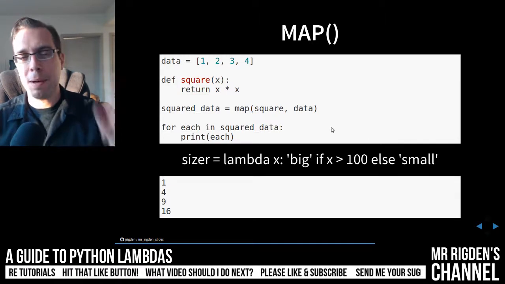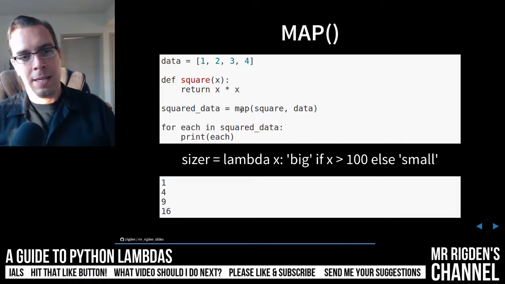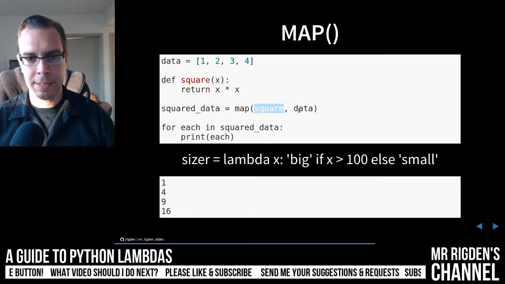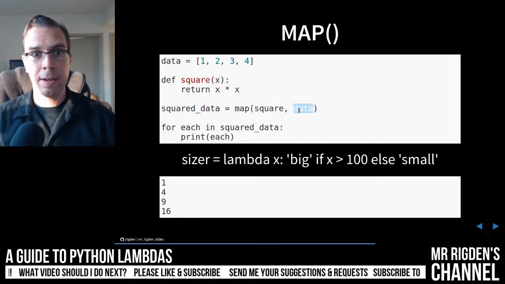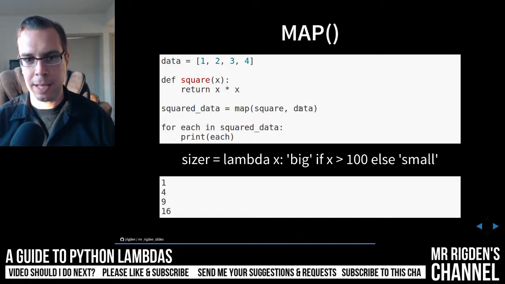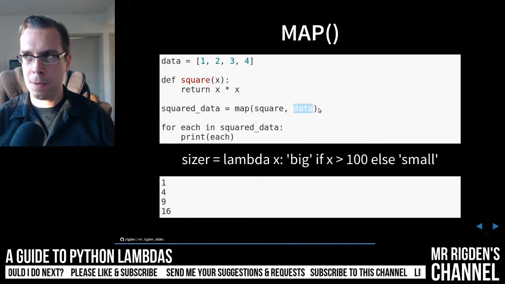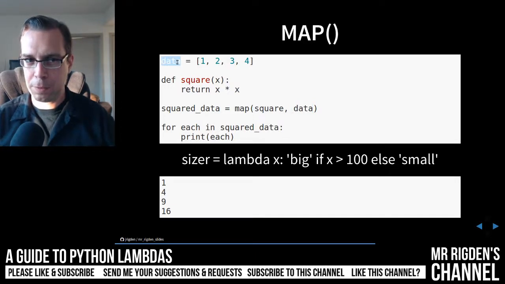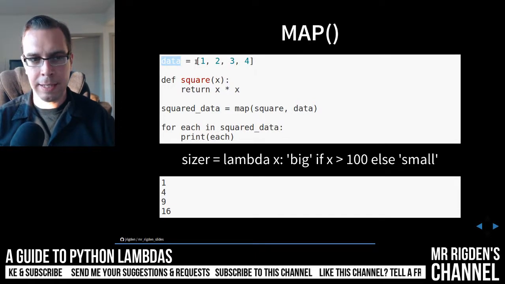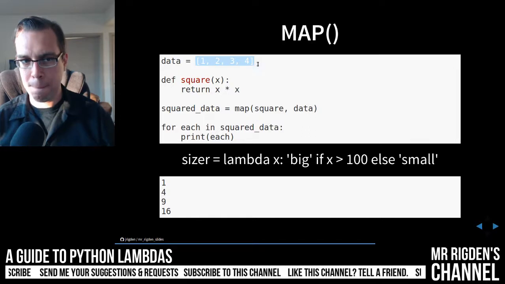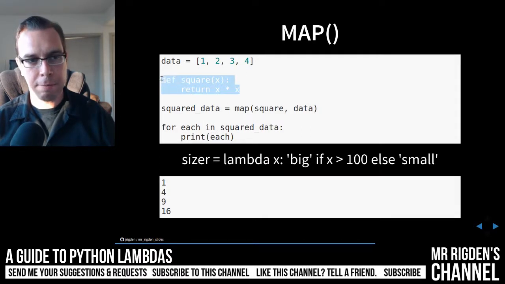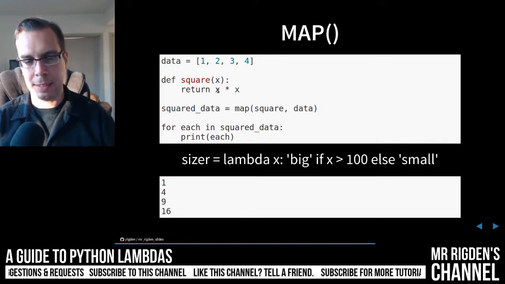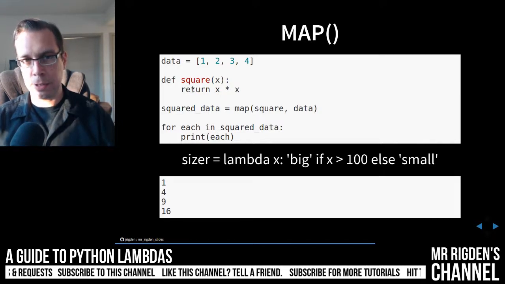So the map function, what it does is you give it a function, and then you give it an iterator, and then it uses that function on every member of the iterator. Okay, so hopefully we're here. We've got data, and it is a list of 1, 2, 3, 4, and then we have that function that we defined before, square, which takes x and then multiplies x by x to return its square.